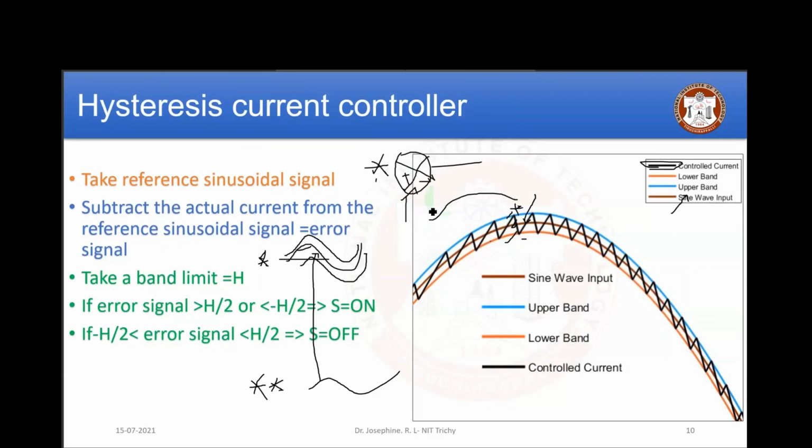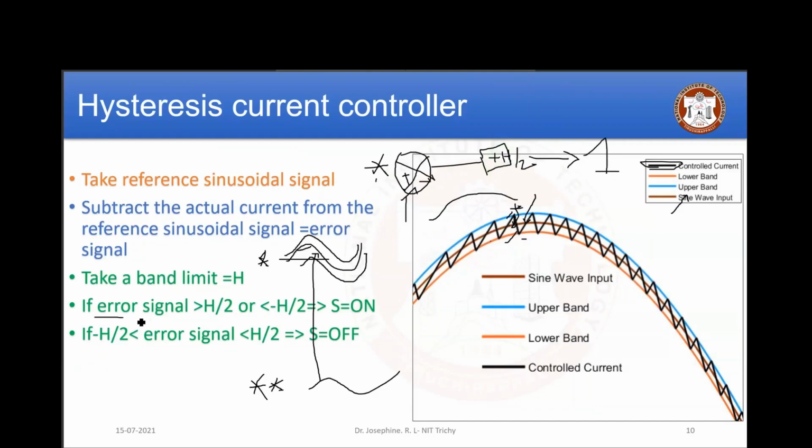From this, assume that if this error crosses the positive limit, whatever the difference is there, whenever it crosses that positive band, let's assume plus h by 2. Whenever the error is greater than plus h by 2, make your switch 1.